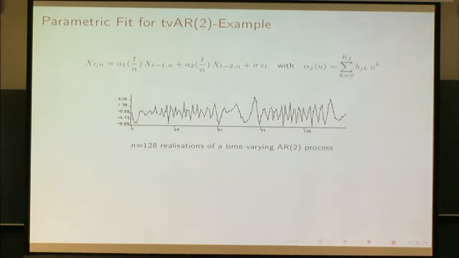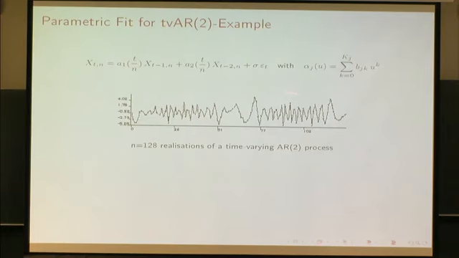Here is an example. Again, this starting example, and here we have fitted a polynomial. These are 128 data points. You can debate whether this is a small or large amount of data. It would also work with 64, perhaps even with smaller sizes, and then it is difficult to estimate this non-parametrically.